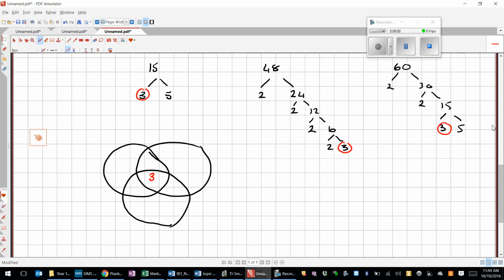If I do 15, 48, and 60, what happens? There's a 5 there because that's in that one and that one, and then 2 and 2, so 48 with 60 has to be 2 and 2. So that gets that one, that one, that one, and that one. Then there's nothing more in the 60, but the 48 has 2 and 2.